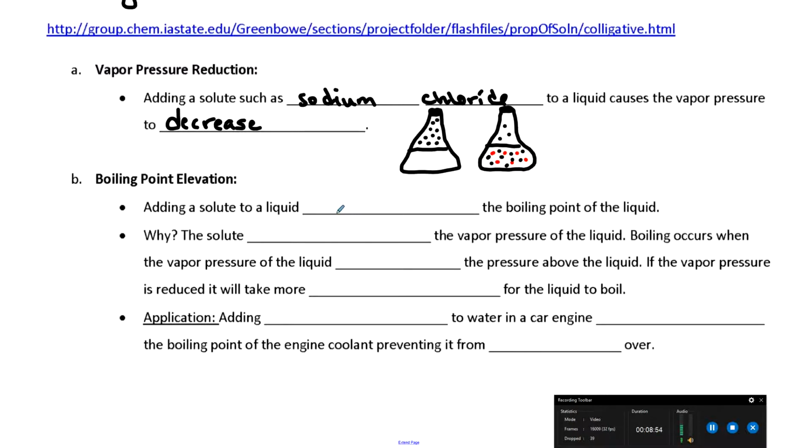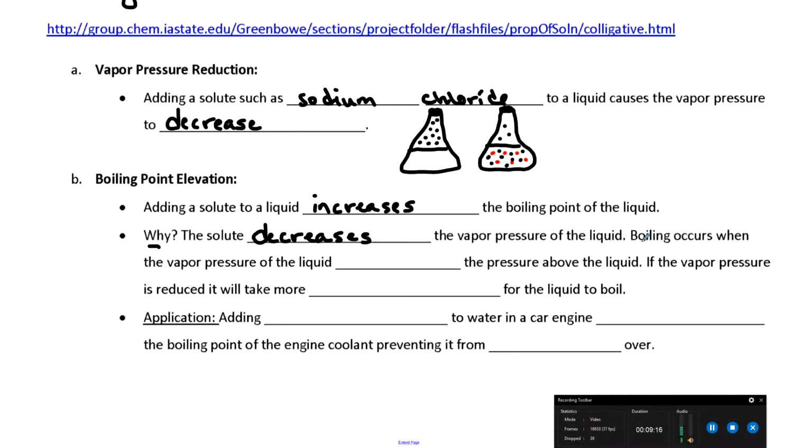So adding a solute to a liquid increases the boiling point of the liquid. So why is that? Well, we just said that the solute decreases the vapor pressure of the liquid.